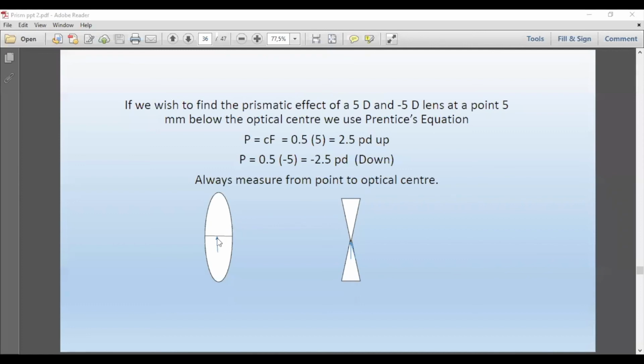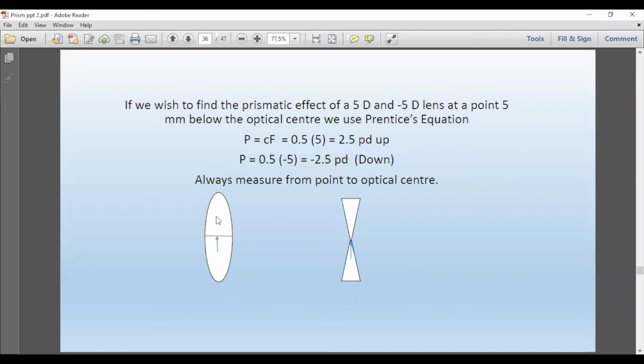If the point of concern was above and we were going from that point downwards, that would be negative. So from the point of reference to the optical center is positive. So it will be 0.5 times the power of the lens, which is 2.5. Now we follow the sign. The power here is 2.5 prism diopters, and it's positive.